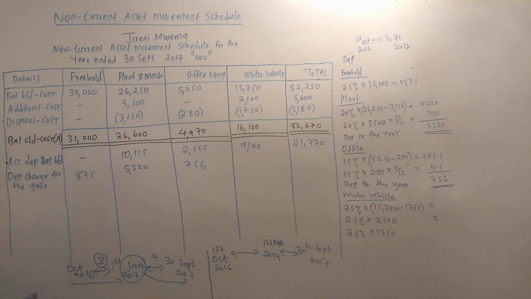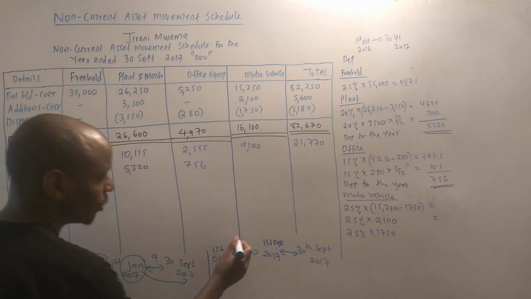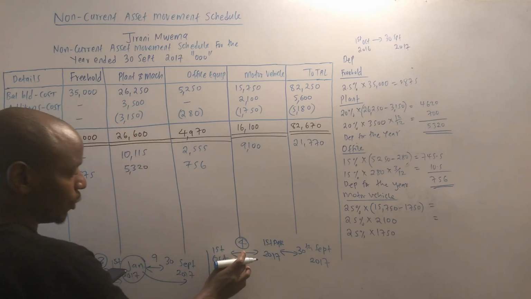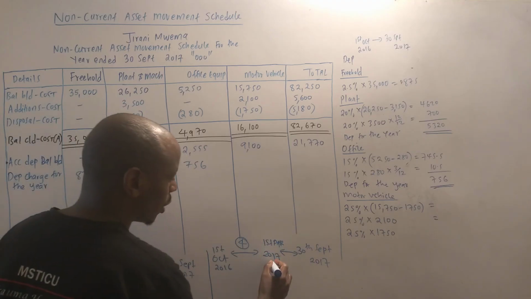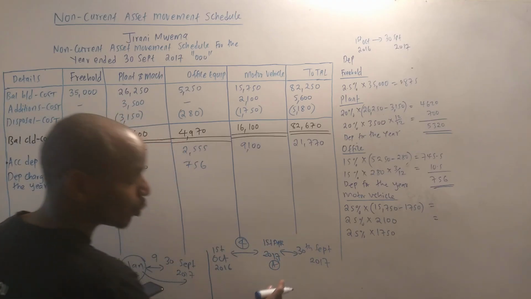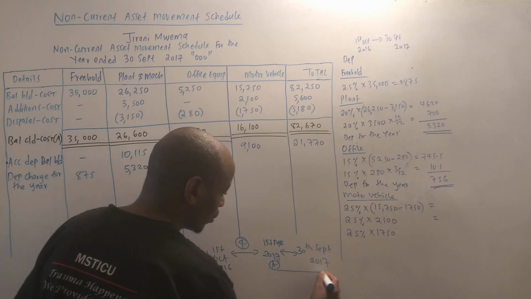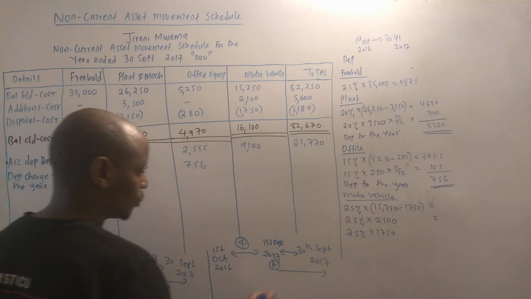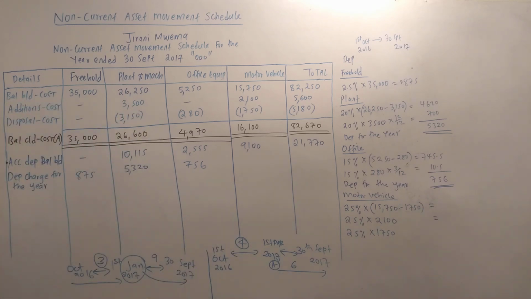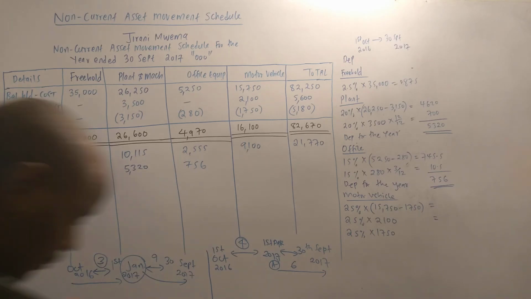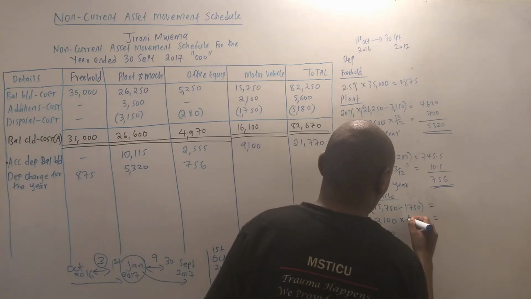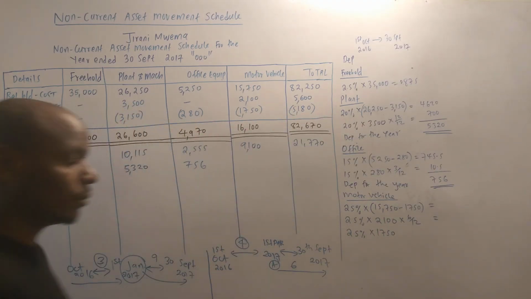From October to April, so October, November, December, January, February, March, up to March, that is 6. But the asset was not available in this period. It was only available from when it was acquired, so it was there for only 6 months. So you say times 6/12 because it was only available.